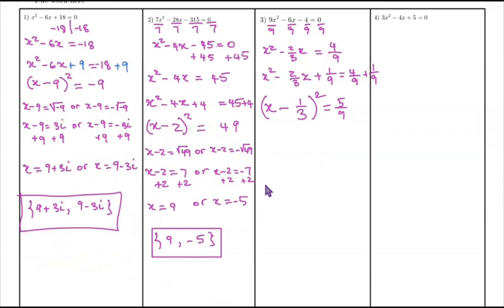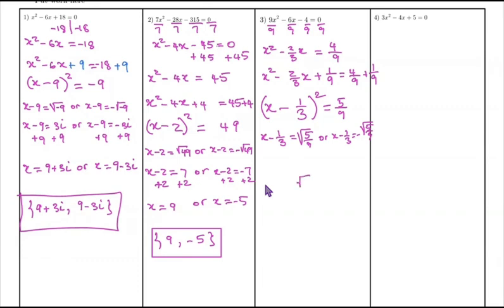That's going to be two equations: x minus 1/3 equals the square root of 5 over 9, or x minus 1/3 equals negative square root of 5 over 9. Well, we can separate the square root.